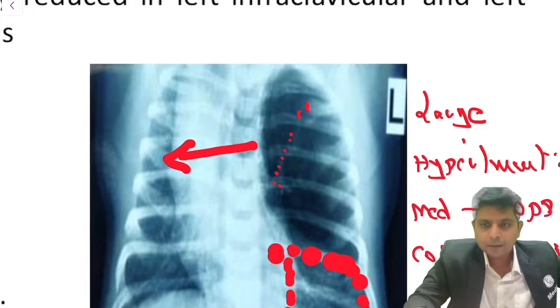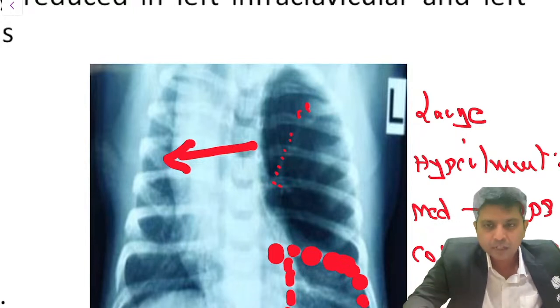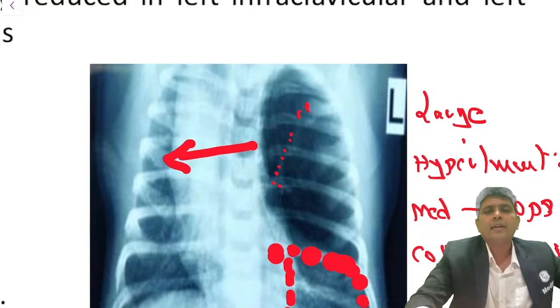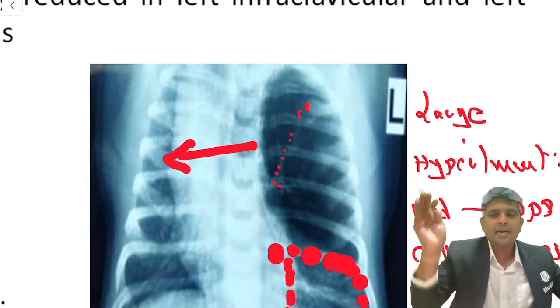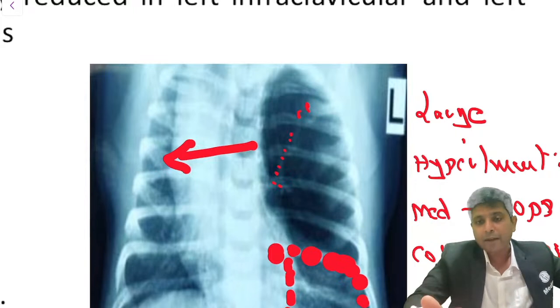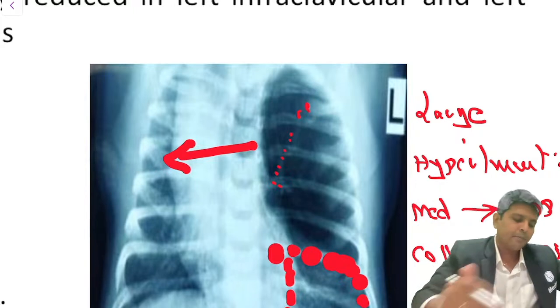If you see pulmonary vasculature in an underlying black or hyperlucent lung, think of emphysema. Think of congenital lobar emphysema. If the pulmonary vasculature is not seen against the background of black lung, then your diagnosis should be pneumothorax.